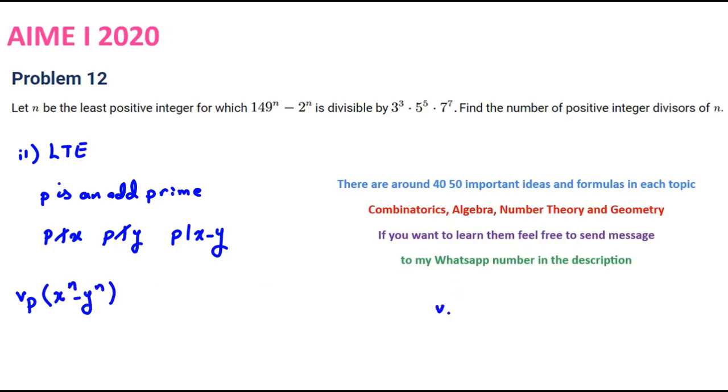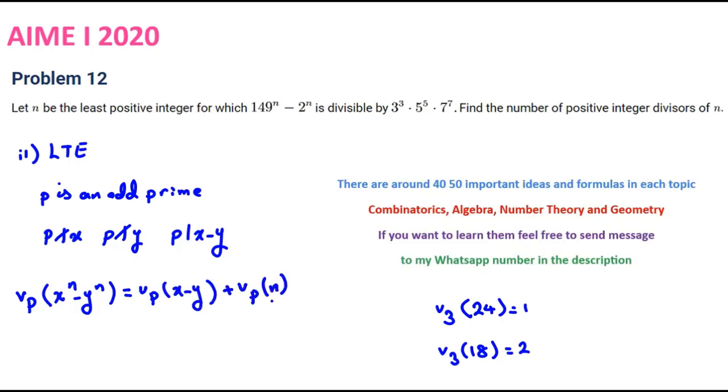For example, V3 of 24 is 1, because in 24 the power of 3 is 3 to the 1. V3 of 18 is 2, since 18 is 3 squared times 2. VP of X^n minus Y^n equals VP of X minus Y plus VP of n.